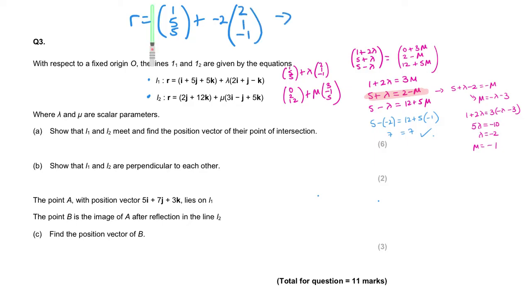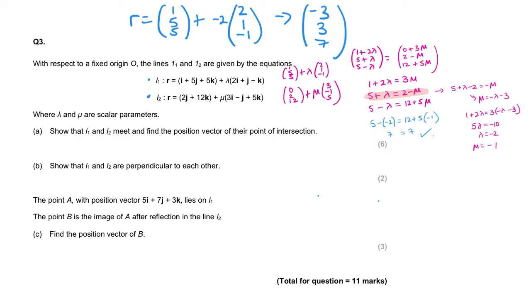So let's find position point R. 1 plus minus 2 times 2 is minus 4 plus 1 is minus 3. 5 plus minus 2 is 3. 5 plus positive 2 is 7. So the position vector of the intersection is (minus 3, 3, 7). If you'd substituted into the other one, you would have got the same, because that is how we know.